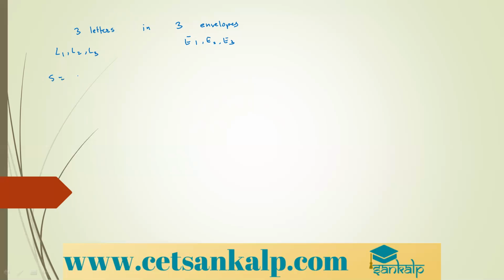Then in the sample space, the possible outcomes are: L1 can be put in E1, E2, or E3. Similarly, L2 can be put in E1, E2, or E3. L3 can be put in E1, E2, or E3. These are the possible outcomes. So N of S will be 9.